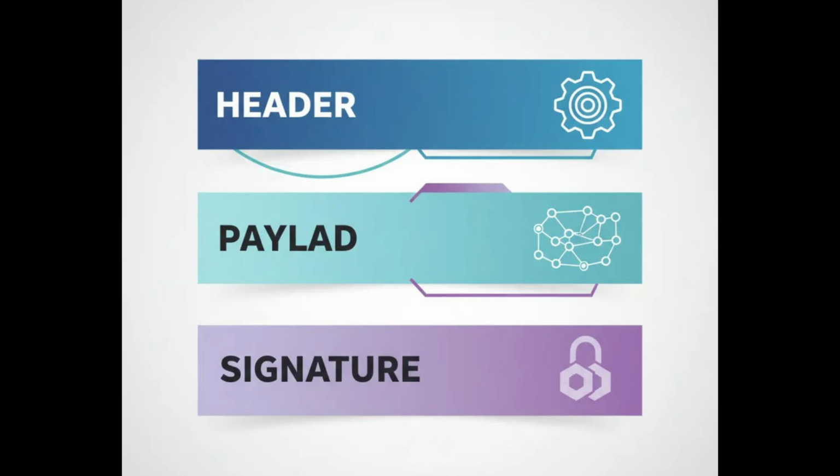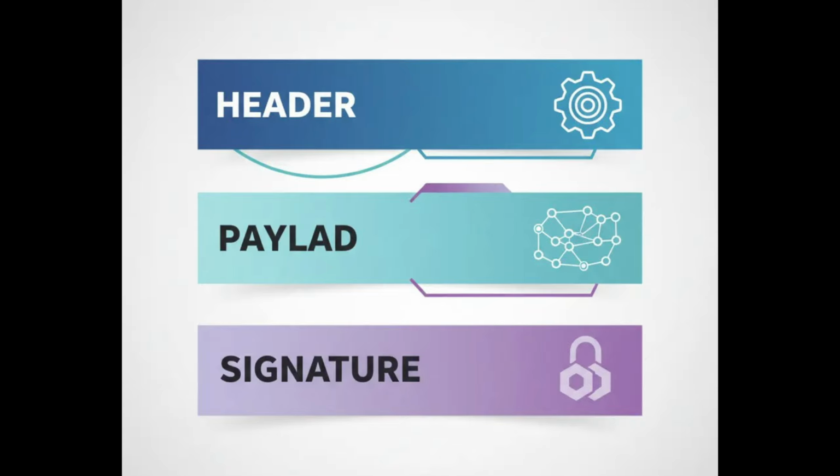A question I had in mind when I started building backends is: what's inside the JWT? A JWT has 3 parts: header, algorithm info like HS256 or RS256; payload, claims like user ID, roles, expiration time; and signature, cryptographic proof it wasn't modified.